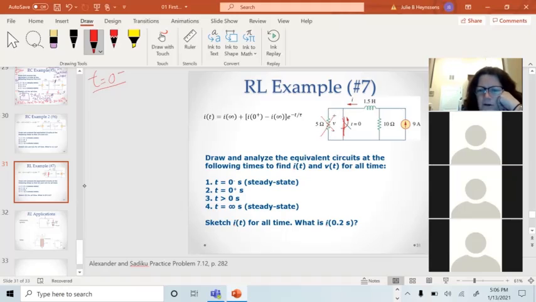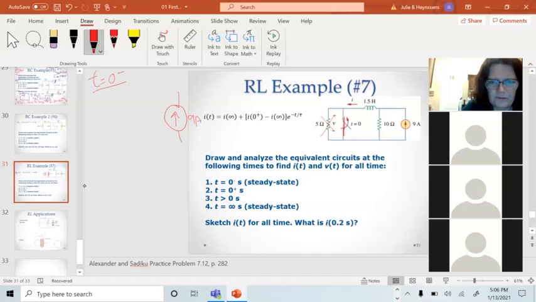So basically all the current's going to flow through here. None of the current's going to flow through there, so I can just ignore it. It's been sitting there for a long time. The inductor follows its DC model. It's a short circuit.